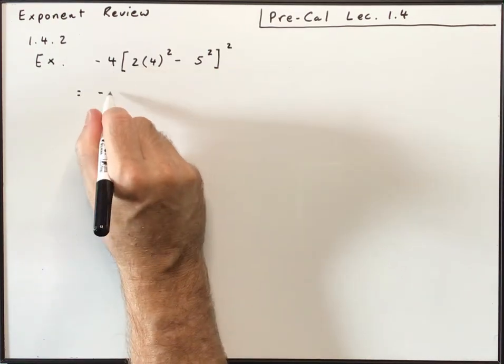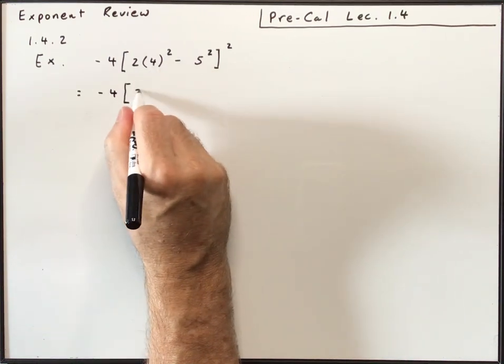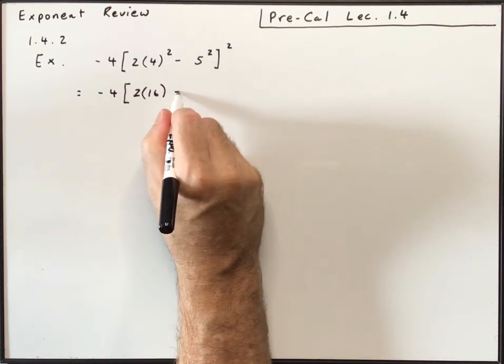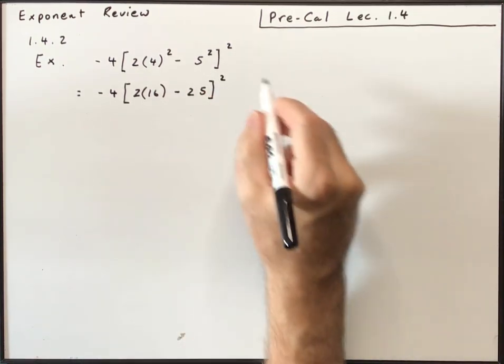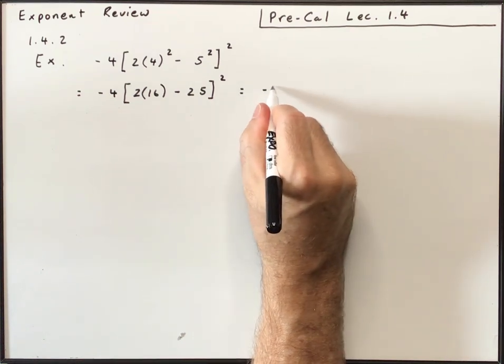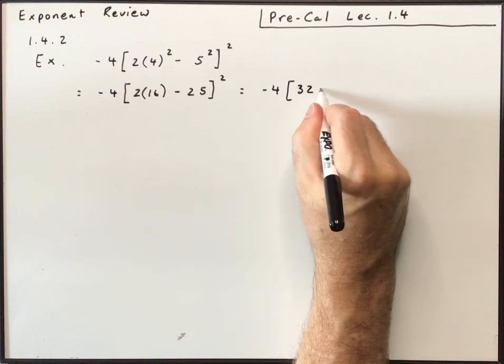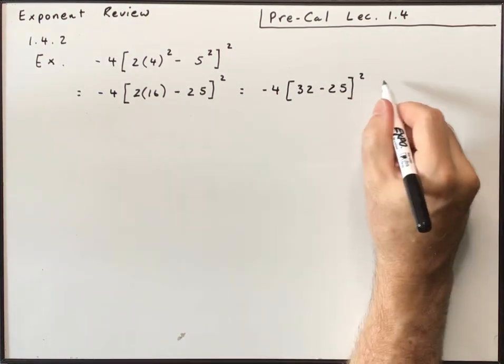So we'll do the negative 4 last. Let's work within the bracket. 4 squared is 16, so that's 2 times 16. 5 squared is 25, so minus 25, all squared. That's going to be negative 4 times 32 minus 25, all squared.